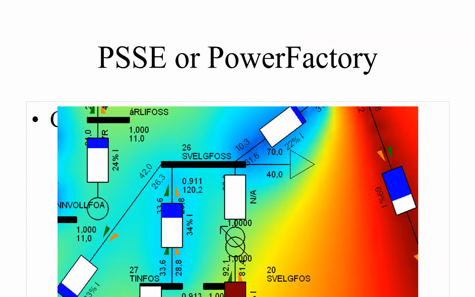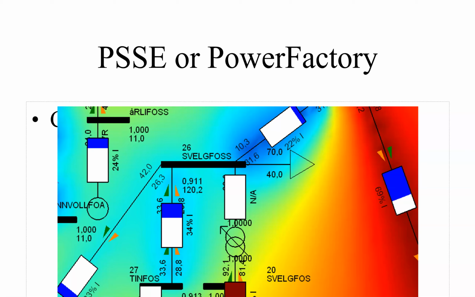Here you can see a snapshot from a load flow program. This is from PCC from Siemens. You will use another one in this course called PowerFactory or DIgSILENT. As you can see here, it can show us which way the power is flowing.